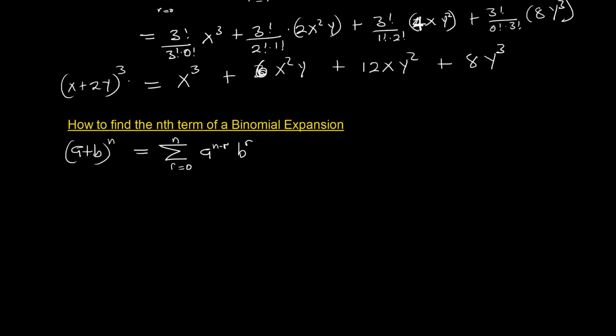Okay, if we denote terms by t, then the first term, t1, will be given by nC0 a to the n minus 0, b to the 0. So in a nutshell, we get nC0 a to the n.